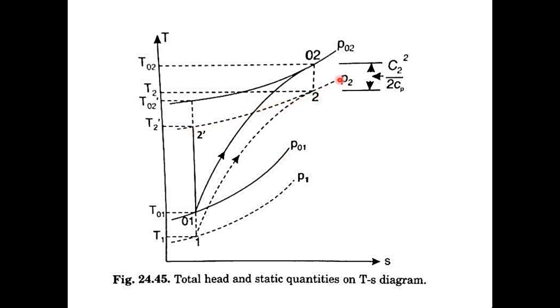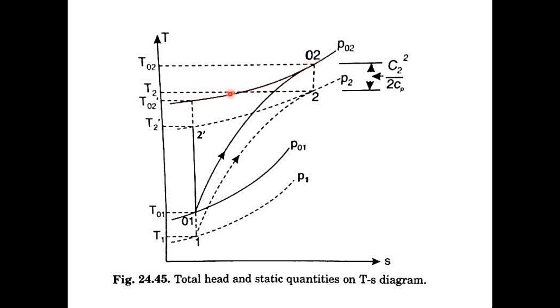Similarly, P01, the stagnation pressure. Now this is pressure P2, which is passing through state 2, as well as through 2 dash, like we discussed earlier in the previous slide. The pressure remains the same, that is P2 dash should be equal to P2.